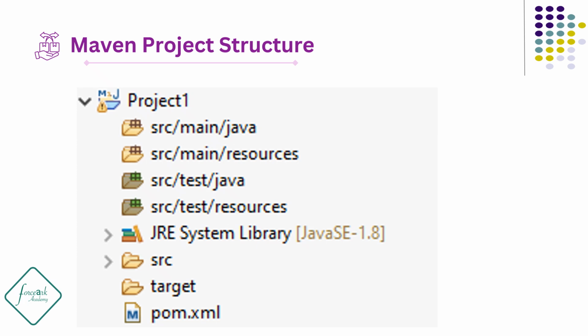The main Java source folder is where you put your core utility code and not the test code. The main resources folder contains some configuration files. The test Java folder contains mainly your step definitions for your Cucumber feature files.